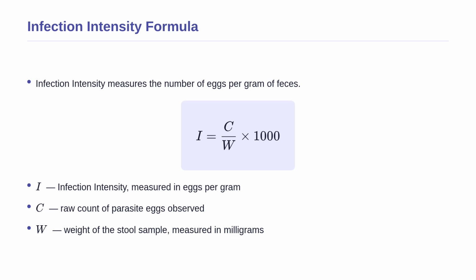W represents the weight of the stool sample used, measured strictly in milligrams. The number 1,000 is a conversion factor to scale milligrams up to a full gram. If the egg count C increases while the sample weight W remains constant, the overall infection intensity I will increase, indicating a more severe parasitic burden.